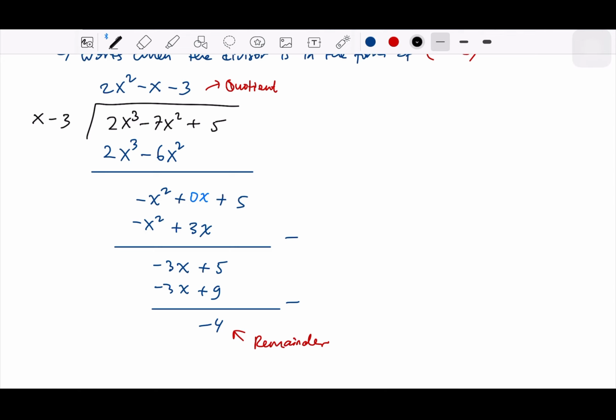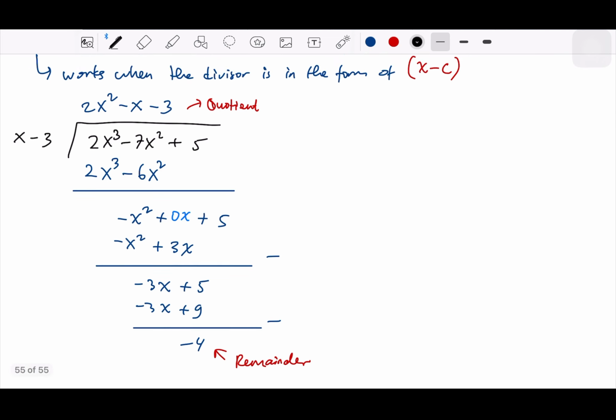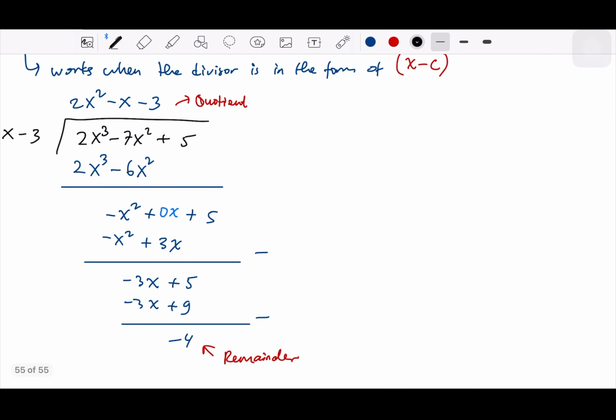Now the synthetic division. Let's see the structure of the function: 2x cubed minus 7x squared plus 5. Now notice the coefficients in all the terms. To make synthetic division work, we need to include the terms that are supposed to be there but whose coefficient is 0, for example the x.